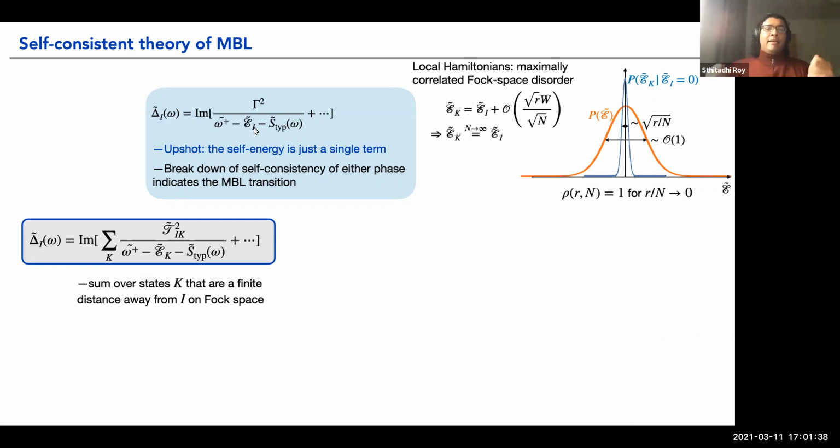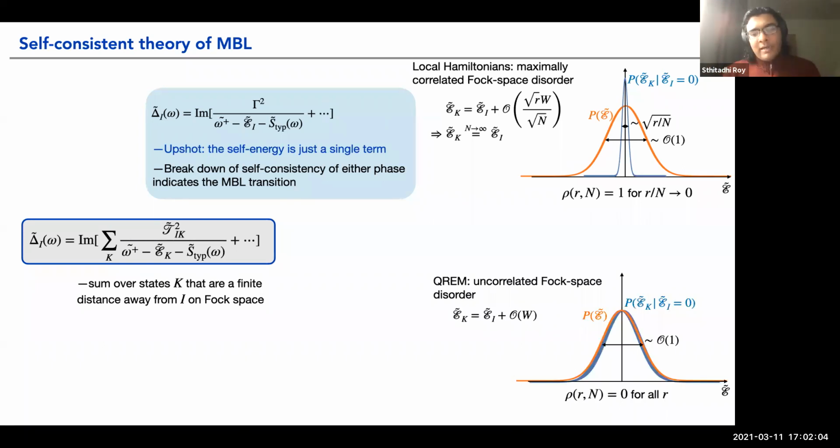And what you find is that the self-consistency of either phase breaks down at the same point in the parameter space, which indicates the MBL transition. I must admit that the MBL transition critical point that we estimate from this theory is a bit off from what's known numerically, but we think that those quantitative corrections can come from the higher order terms.